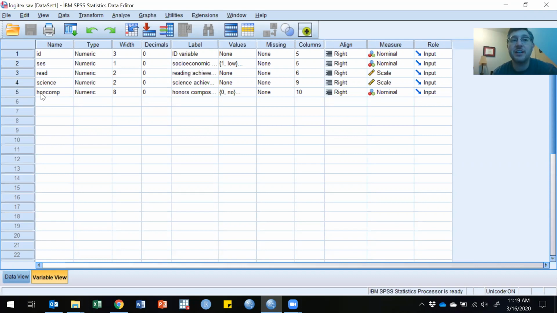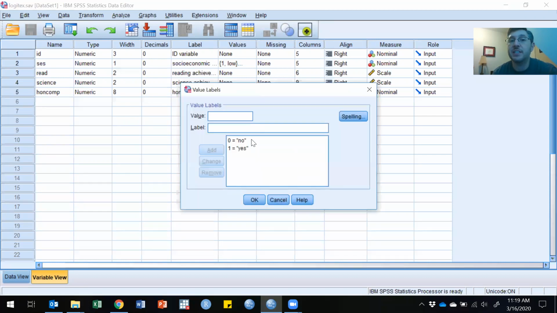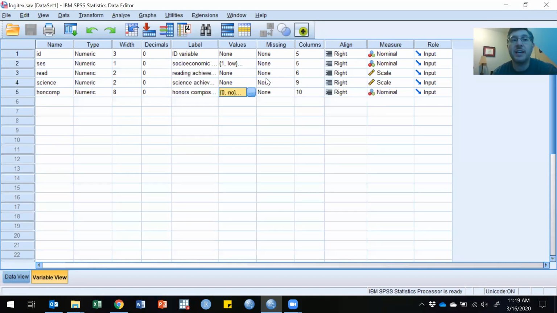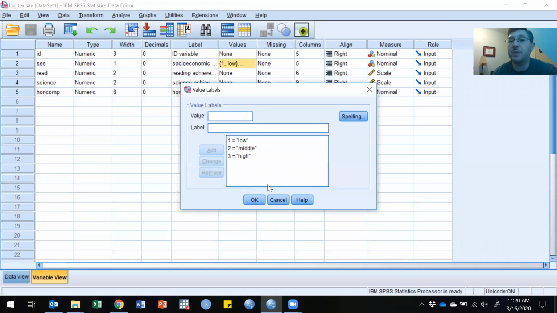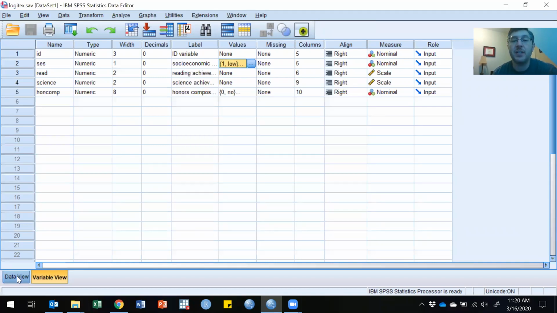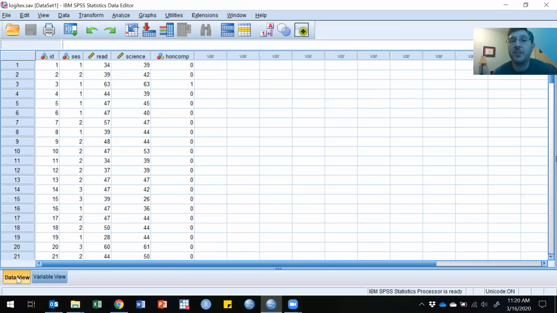You can see the honors composition variable is coded 0 for no, 1 for yes. Our SES variable is coded 1 for low, 2 for medium, and 3 for high. You can see how we would enter the data into SPSS. Person 1 is in the low SES group.